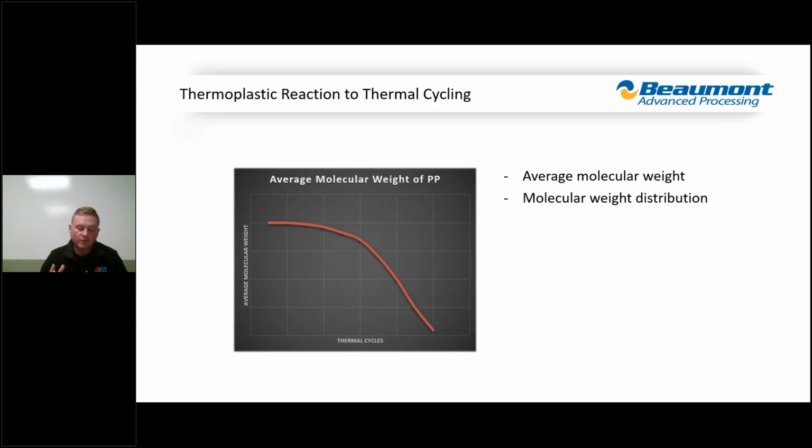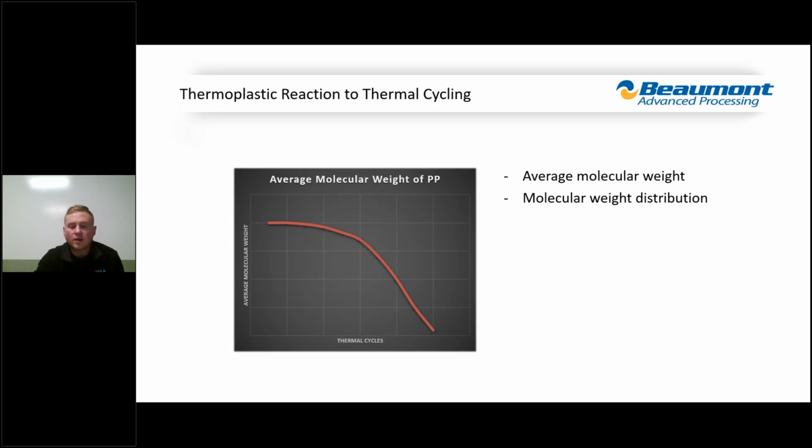Now, that can be very minimal in most cases, but as it gets recycled more and more, you can start to see that the molecular weight will start to drop off. And molecular weight is essentially how long those plastic chains are. So that also changes your molecular weight distribution, how many long chains versus short chains you have in your overall material.